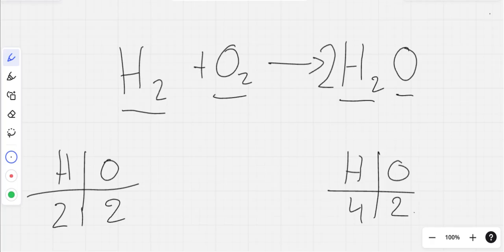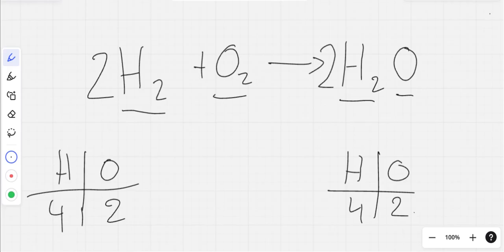So to fix that, we can just multiply this hydrogen by 2. We can update our table and make that 4, 2 on this side and 4, 2 on the other side. So this is how you would start it as a beginner, and this is a pretty basic way of doing it with the table.